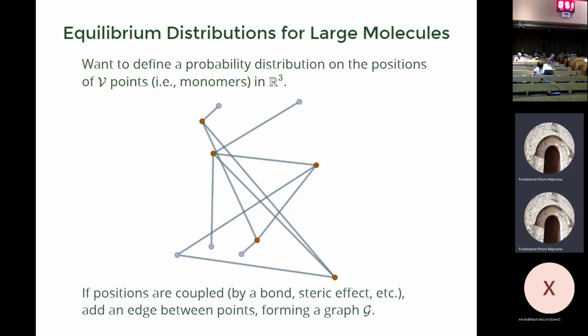And so we're going to model those interactions by saying, if there's an interaction between monomers, we're going to think of there as being an edge, an abstract edge between those 2 points. And so really, you shouldn't think of your polymer as just a collection of monomers floating in space, but as built out of some sort of graph structure.